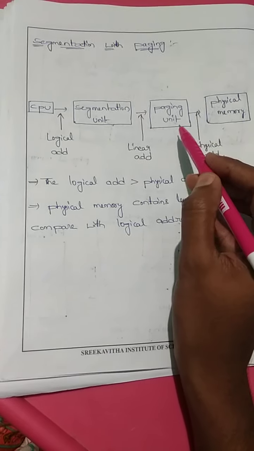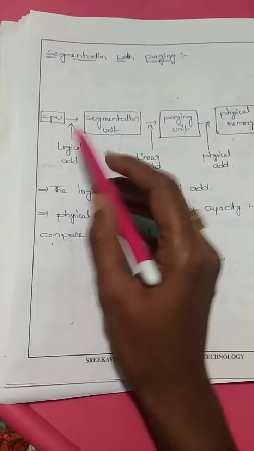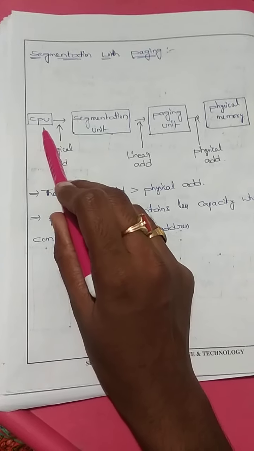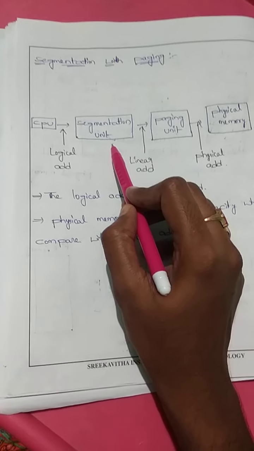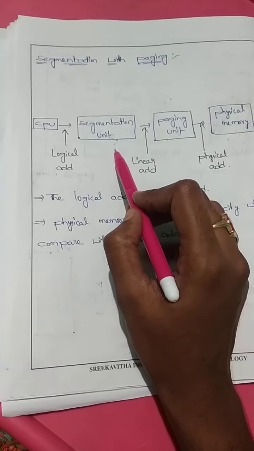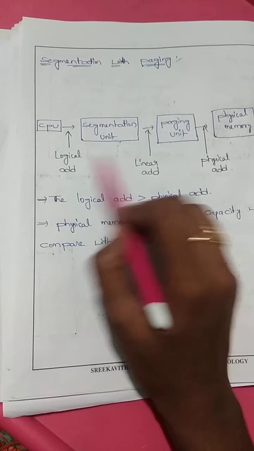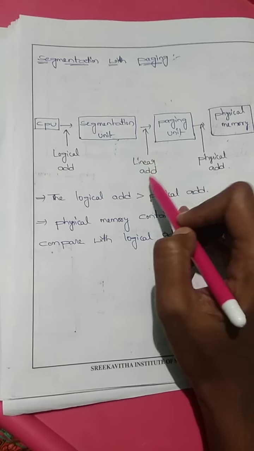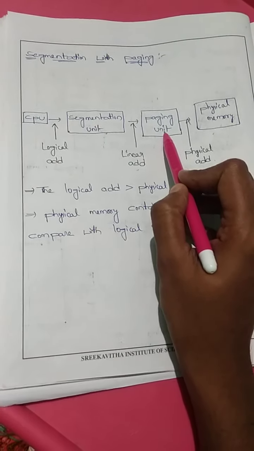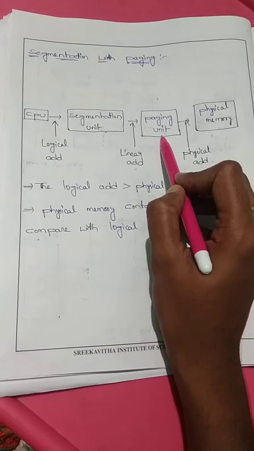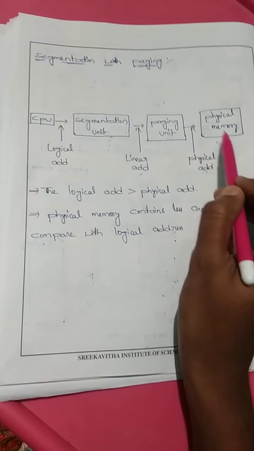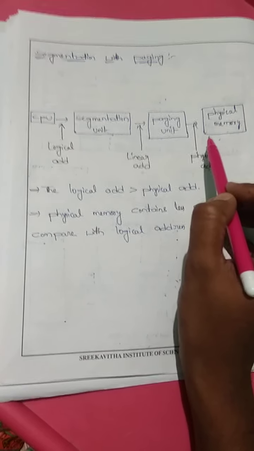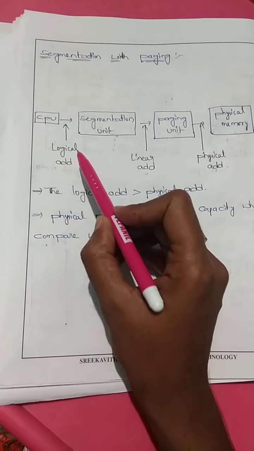Whatever logical address the CPU generates is sent to the segmentation unit. The segmentation unit converts the logical address into a linear address and forwards it to the paging unit. The paging unit converts the linear address into a physical address, and it is finally stored in the physical memory.